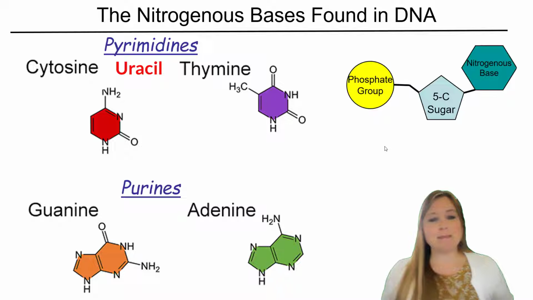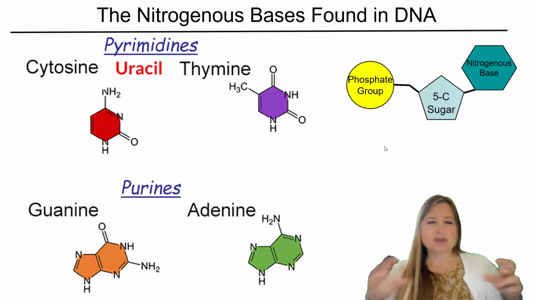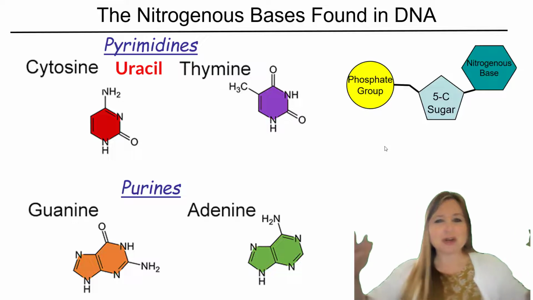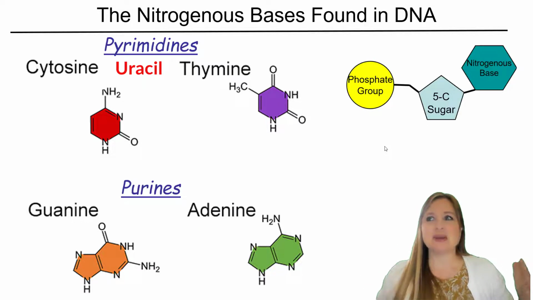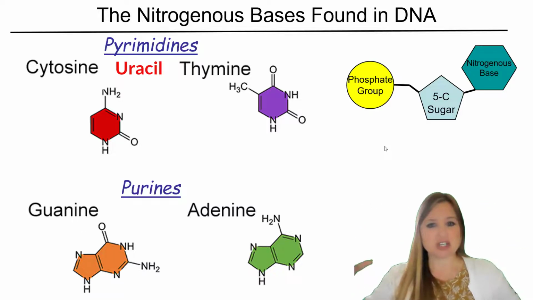I remember that thymine looks a lot like uracil, so uracil is another pyrimidine. So our pyrimidines in nucleic acids are going to be cytosine, thymine, and uracil. And the word pyrimidine looks a lot like a pyramid. So in my head, I remember that pyramids are cut from big stones.